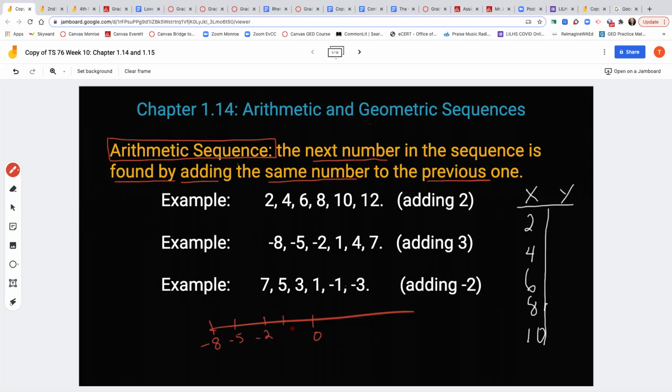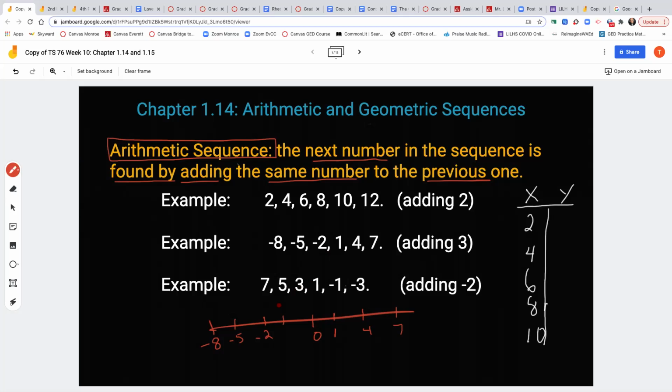And then if I add 3 to -2, it becomes a positive 1. Add 3 to that, it becomes 4. And 3 to that, it becomes 7. So just knowing that sometimes you're starting with negative numbers, and they're getting bigger because they're getting larger. -5 is greater than -8.